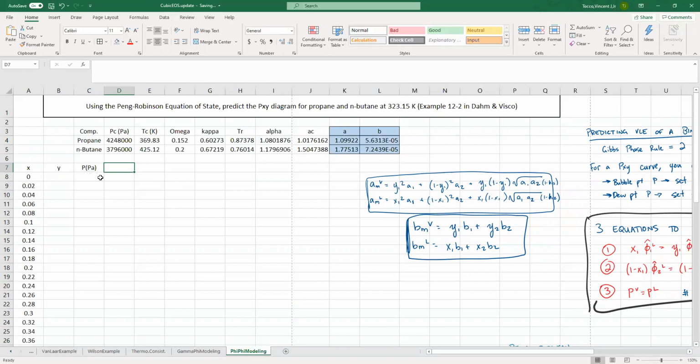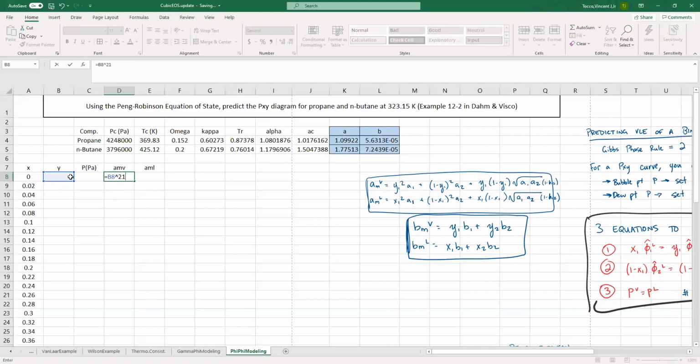Calculating what my AM for the vapor phase is then. I can't do subscripts and superscripts very easily, but AMV and AML. I'm just going to use this same expression. I don't know what y is quite yet, so I'm going to leave it as a placeholder.